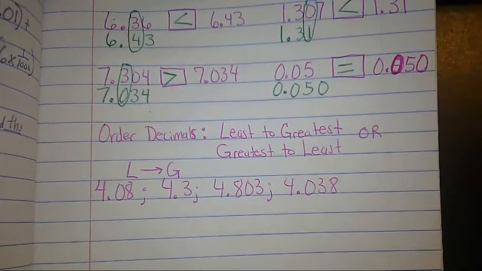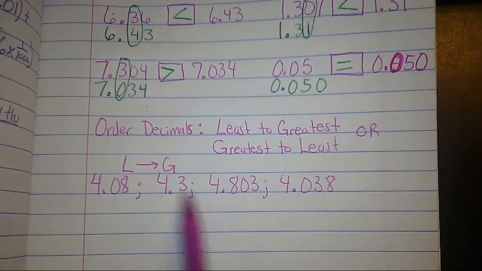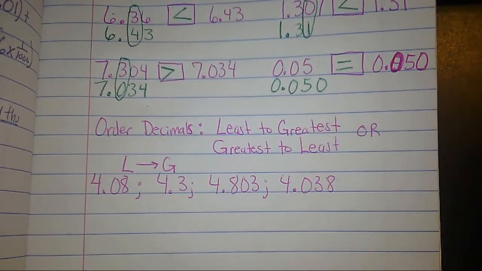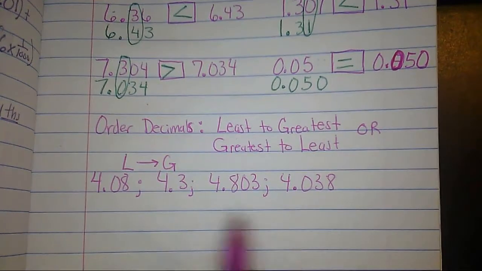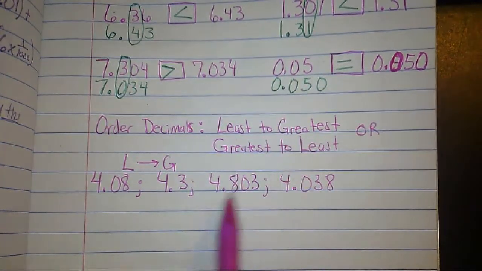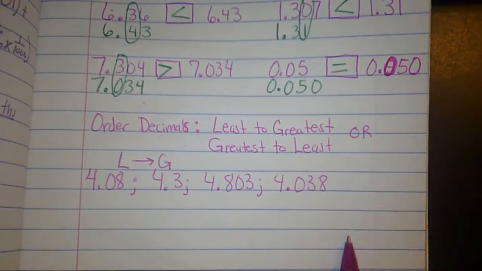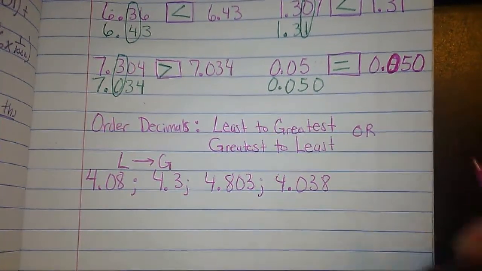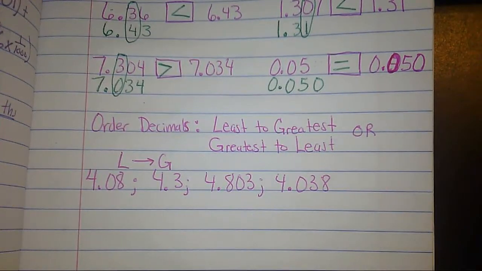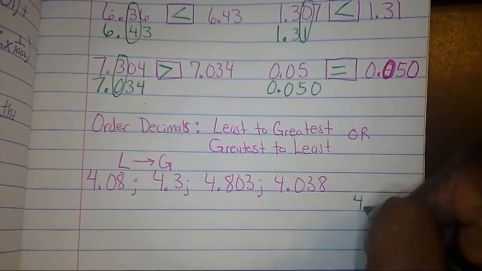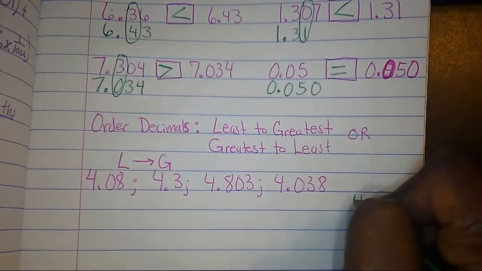And in order to do that, I am going to line these decimals up. That's a very important concept when we order decimals as well. Just like we did when we compared them up here, we need to line them up. We need to order the decimals. So I'm going to come over to the side here, and I'm going to begin lining the decimals up. And I am going to start with the first decimal. It's 4.08, like this.